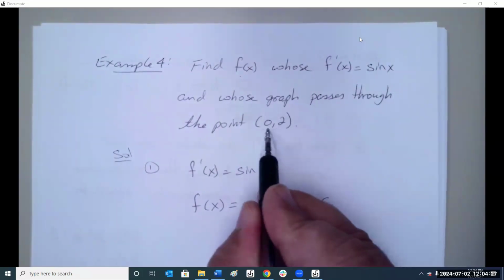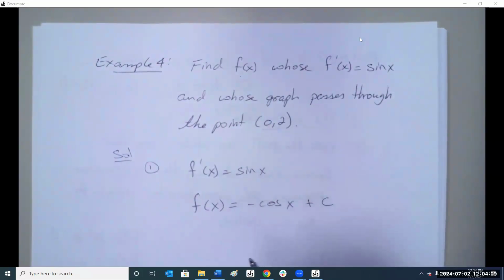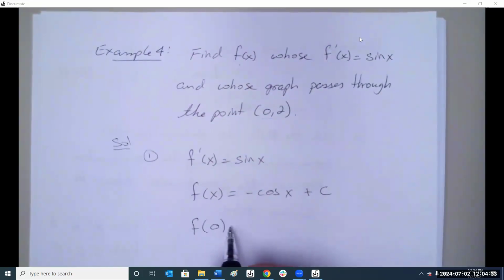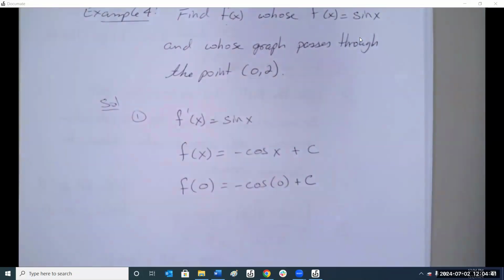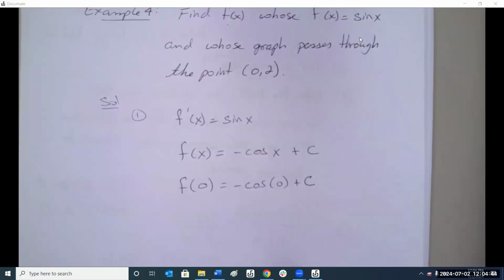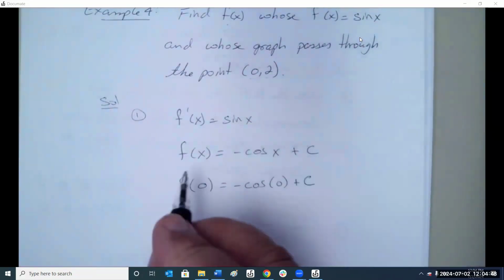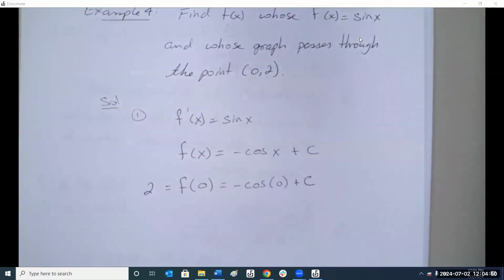So here is the point. It has to go through this point. So when x is 0, we have negative cosine of 0 plus some value of c. What does c equal? This thing has to equal 2.